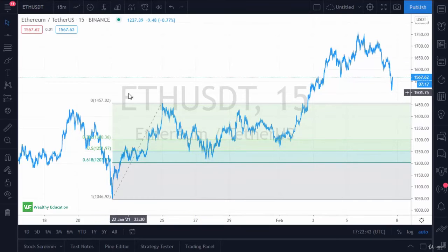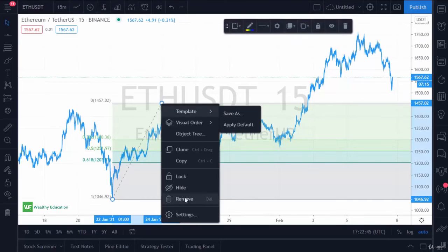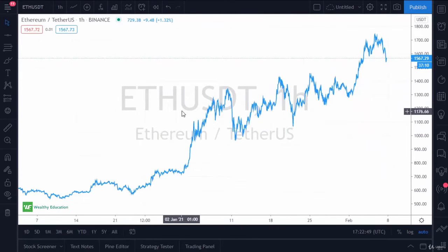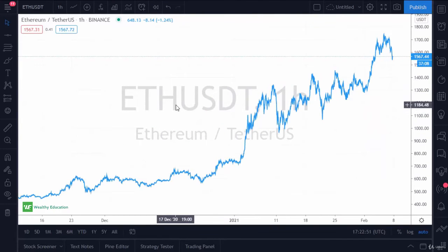So, again, this is confluence. We want as much confluence as possible. We want as many reasons to take a trade as humanly possible. There are other indicators that we will go through, and they will also pile onto this.